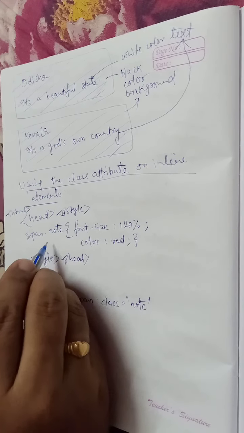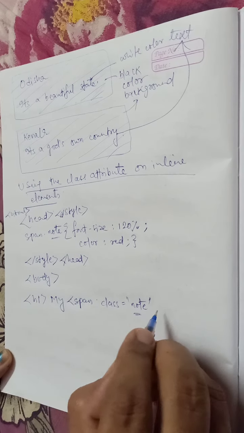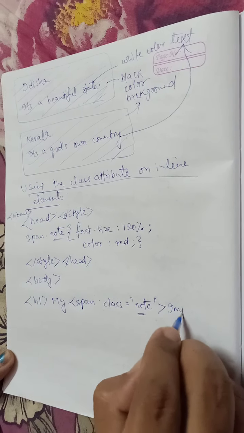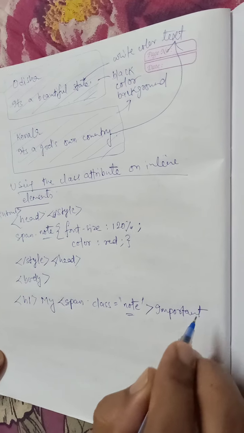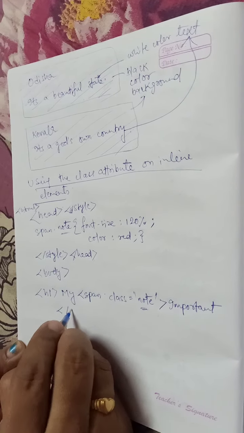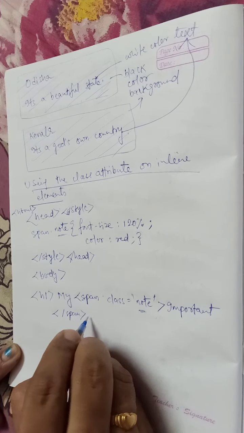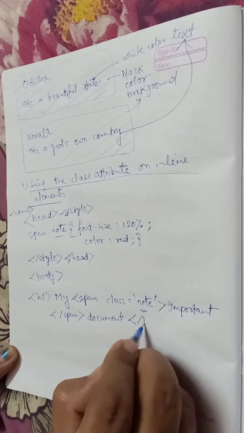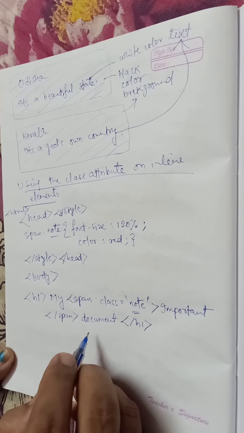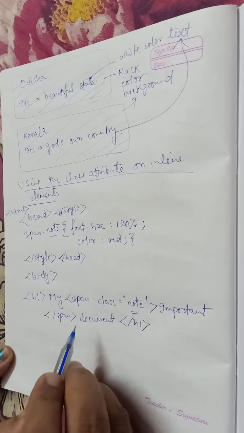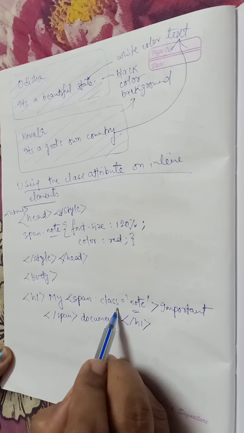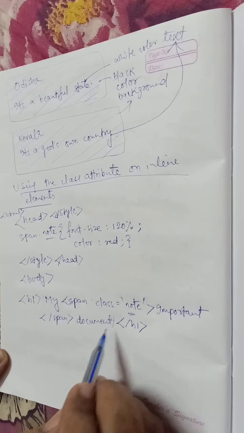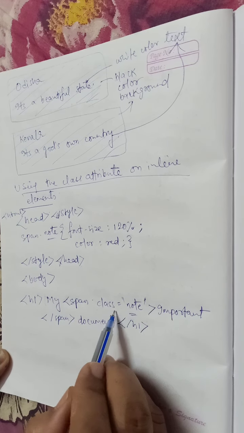So this class name is this one, we are using it here. Suppose I am writing my important document. So here what I have done, I have used the class name within a statement. I have used class inline.